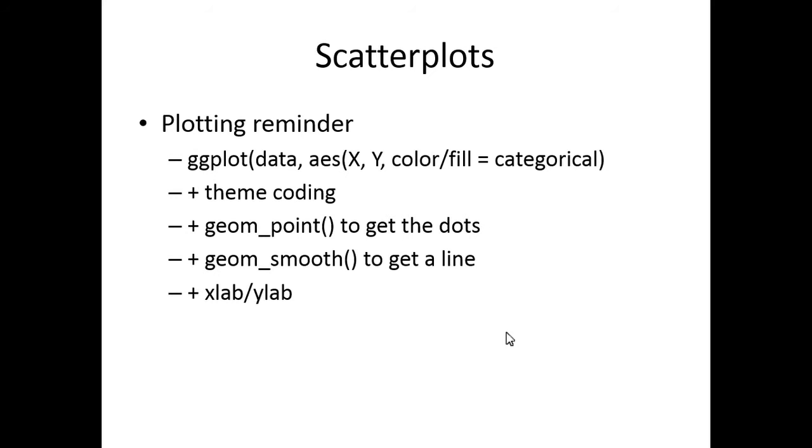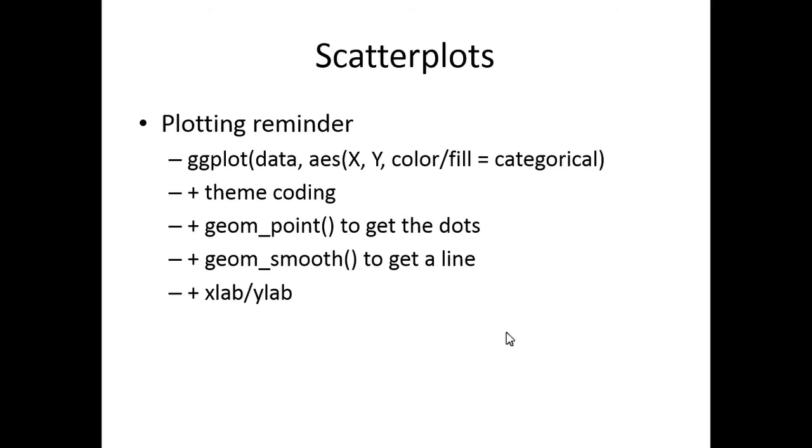A quick reminder, since we have not made scatter plots in a while, in ggplot. So we'll do its data. You do X comma Y still. Whichever one you want on the bottom, put it first. But now they're both going to be continuous. Your color or your fill variable will be categorical. So if you want to split by gender and look at guys' correlations and girls' correlations, you would use color and or fill.